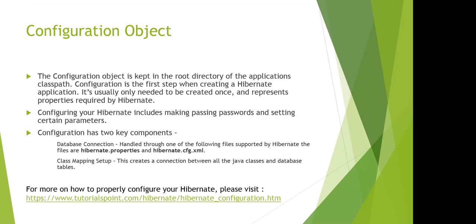From what I found through reading, you can use either of those, but I think you can also use both, just as a catch-all to make sure that it all goes through. Class mapping setup is what actually creates the connection, so you can push the variables through.